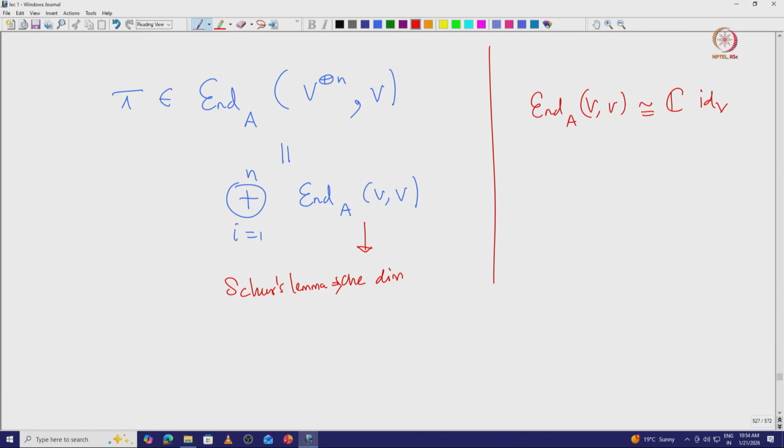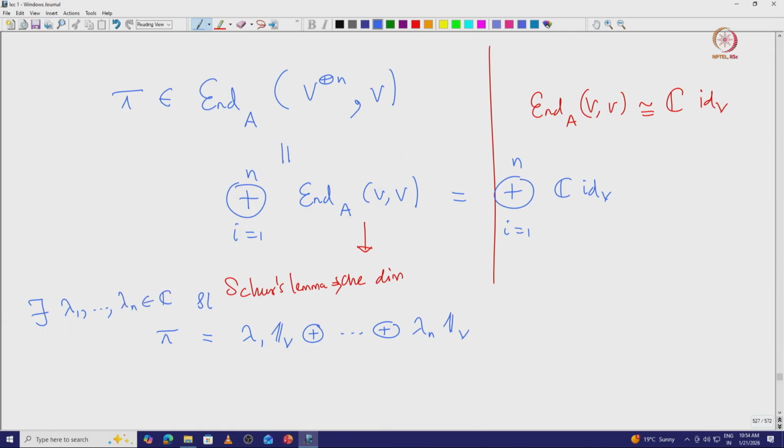So, that means if we rewrite this direct sum, this is going to be direct sum of this C identity V, where i ranges from 1 to n. So, that means this pi must be given by this direct sum of these scalar maps. So, pi is given by lambda 1 times identity on the first coordinate, direct sum etc., direct sum lambda n identity on the nth coordinate. So, this is how the pi looks like. So, there exist lambda 1 etc., lambda n coming from C such that this holds.